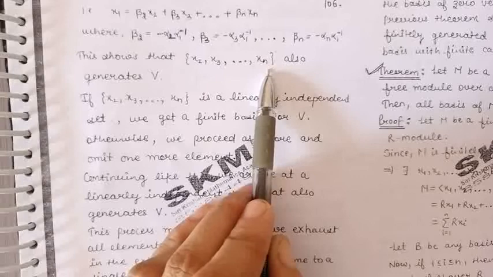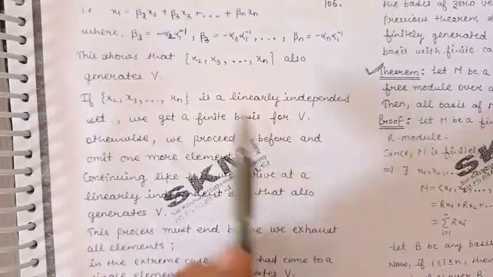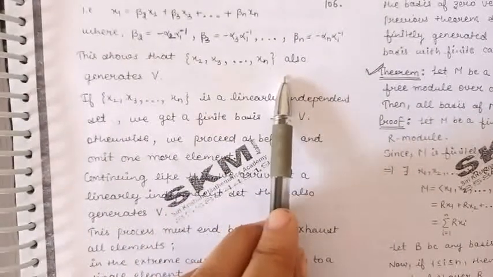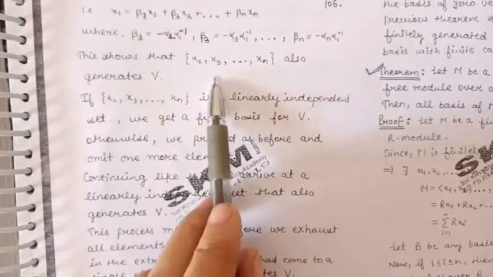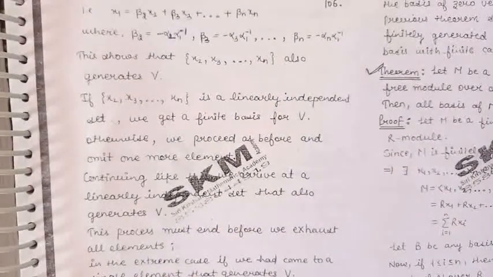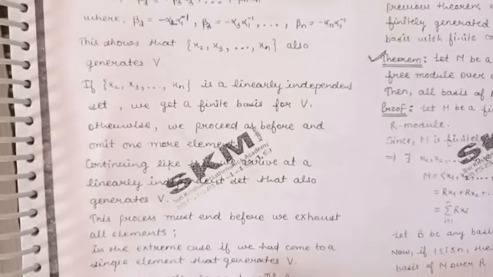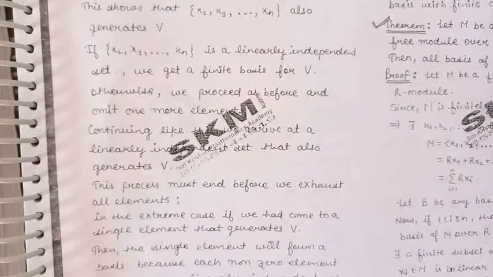also generate V. Now if this set is linearly independent, then we get a finite basis for V, and if this set is linearly dependent, then we can continue the process as before, and we will omit one more element. So we can continue like this and we arrive at a linearly independent set that also generates V. And this process must end before we exhaust all the elements.